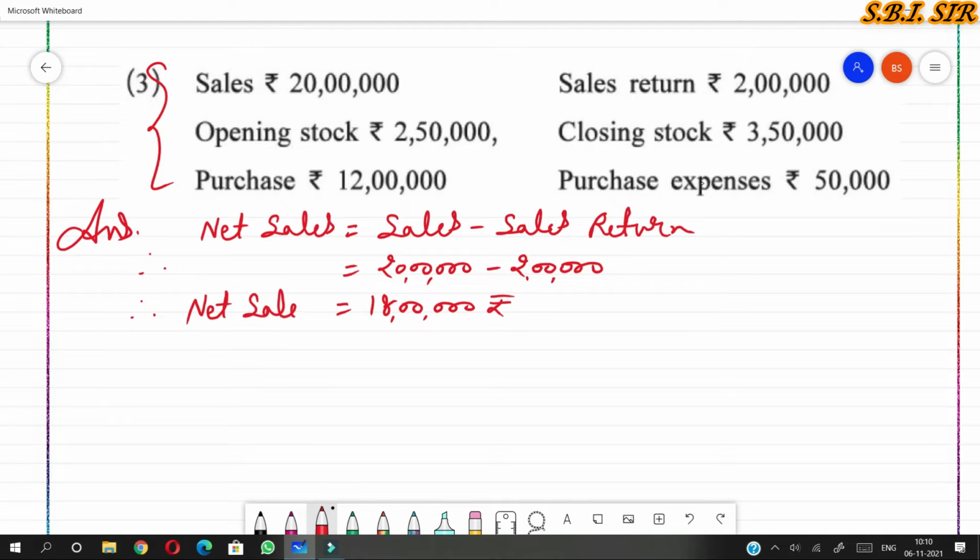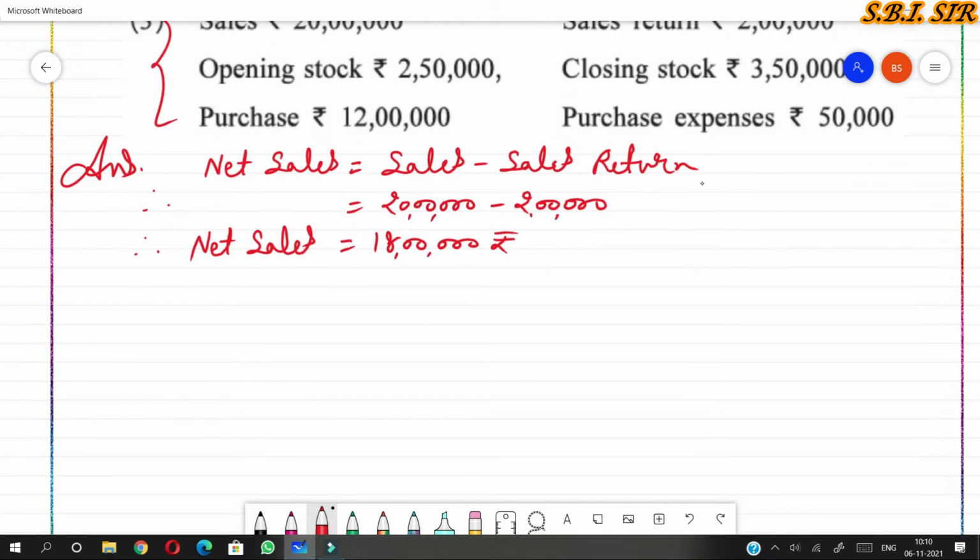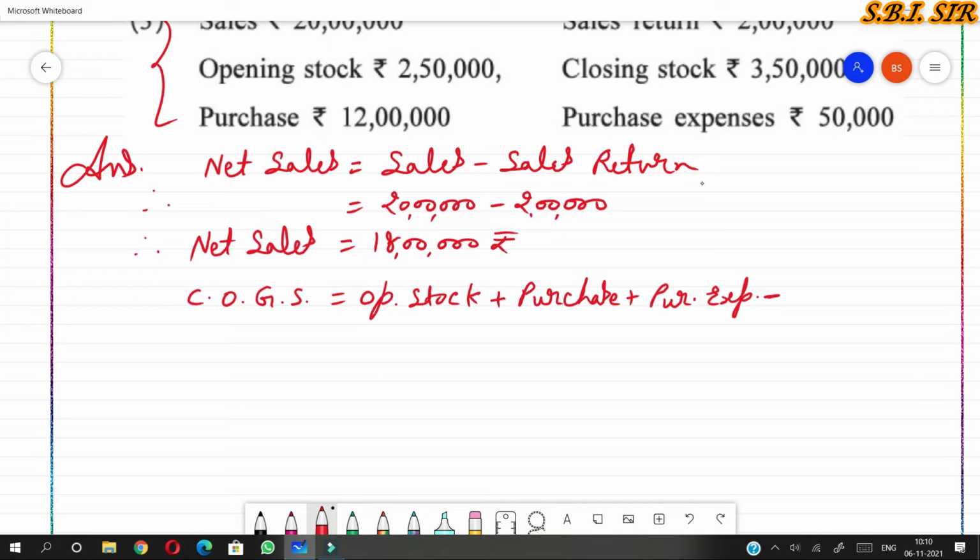Then we can find out cost of goods sold. The other formula for COGS is opening stock plus purchase plus purchase expenses minus closing stock.